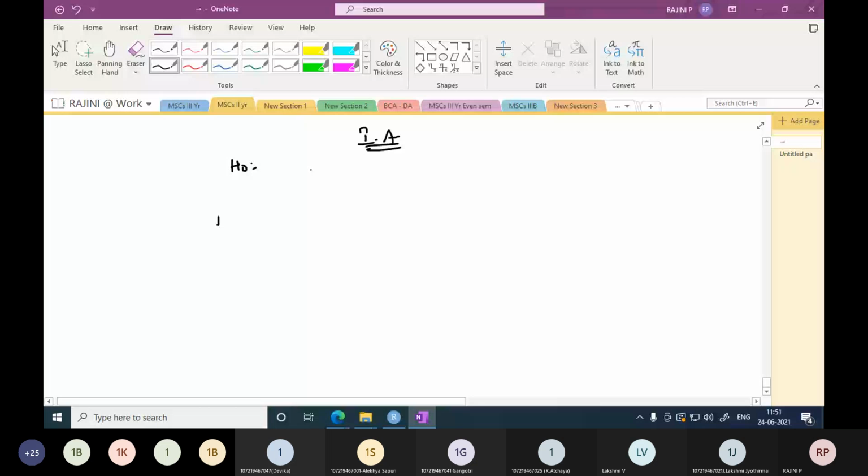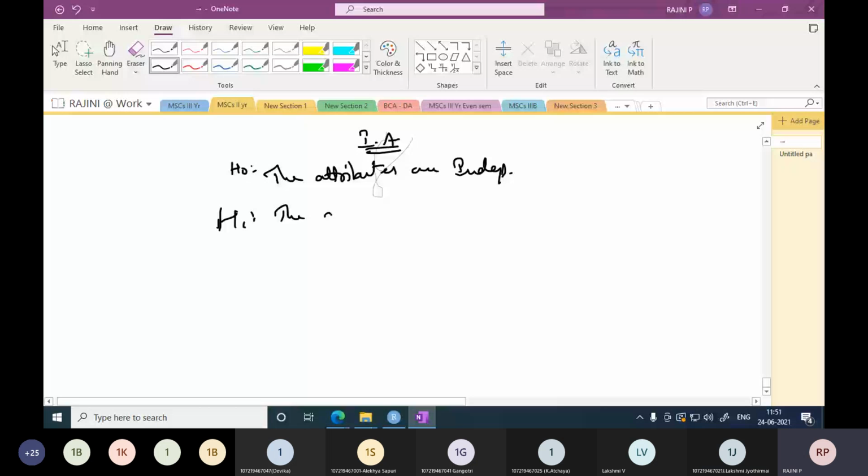The attributes are independent. Next, what is the H1? The attributes are dependent. The attributes are not independent.